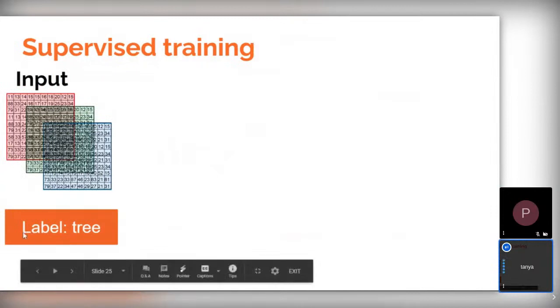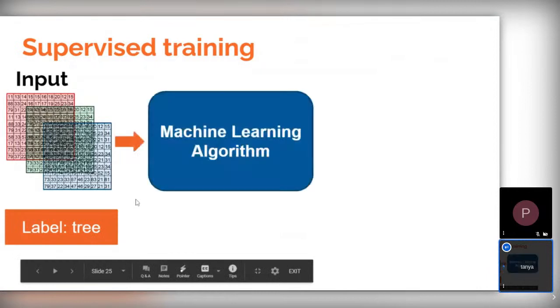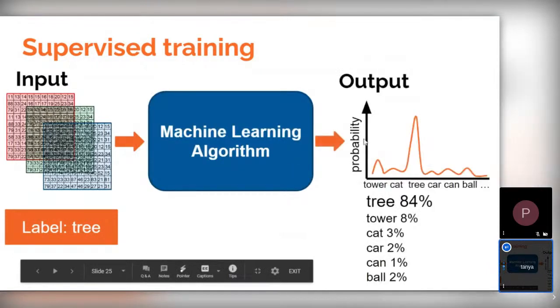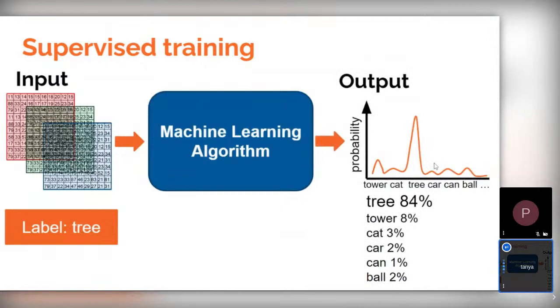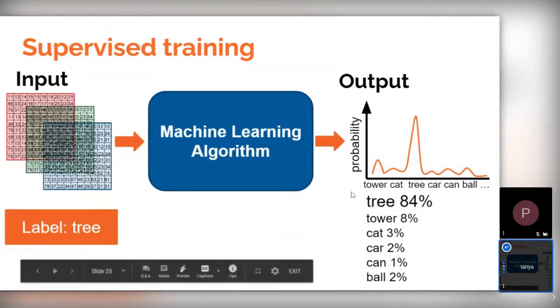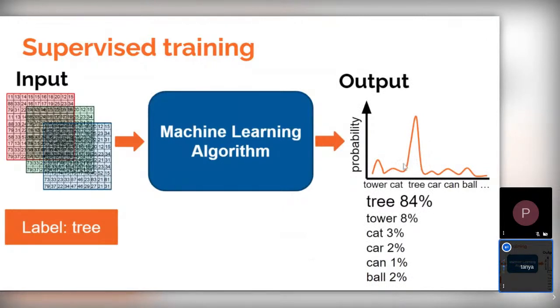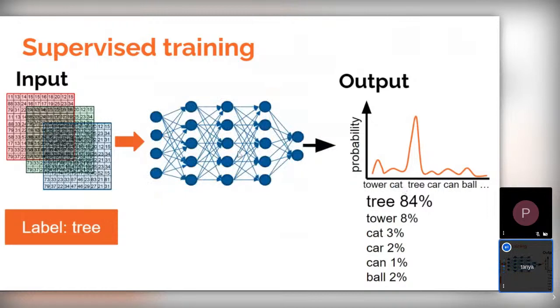And you also send into the computer a label. You need to say, computer, this is a tree. Then it goes to some machine learning algorithm, and it gives you some output, what it thinks it is. It gives you an output in the form of probabilities, whether it's a tree or a cat or a tower, and so on.